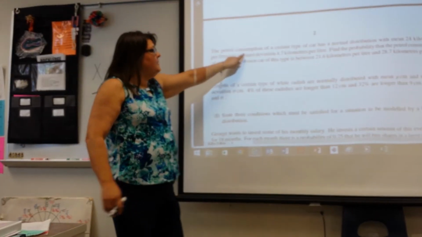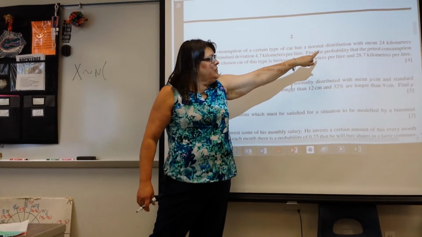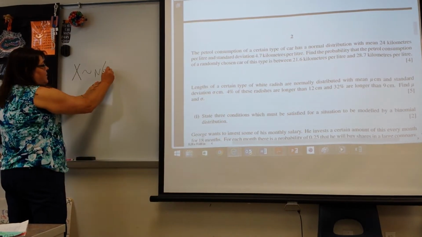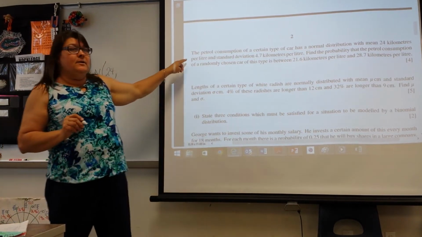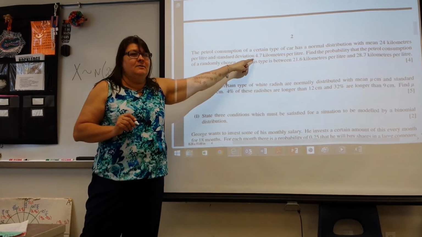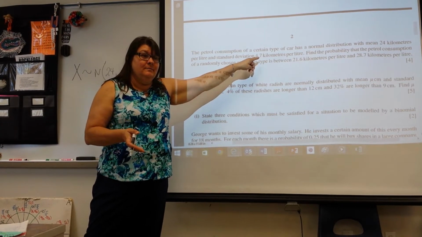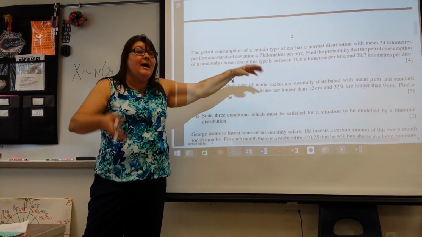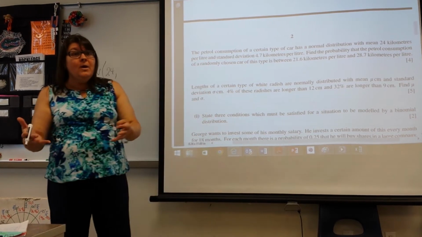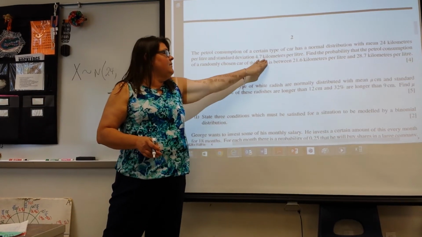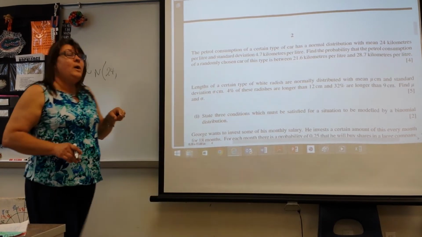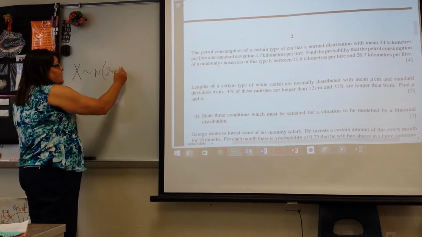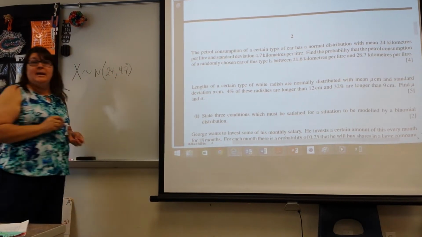The petrol consumption of a certain type of car is normally distributed with a mean, so the first thing is the mean, 24, per liter, and a standard deviation of 4.7. So what goes here? 4.7 squared. Exactly, 4.7 squared. Did everybody write that down?